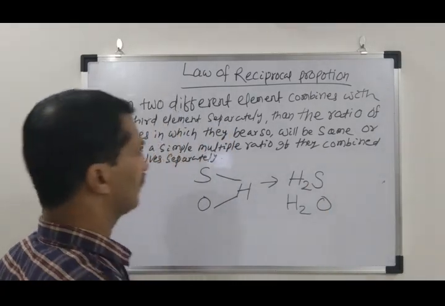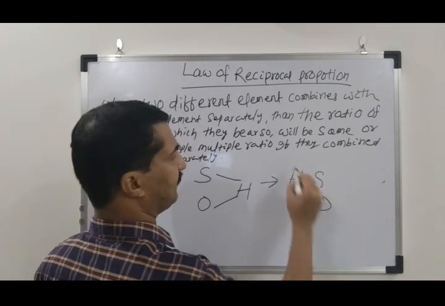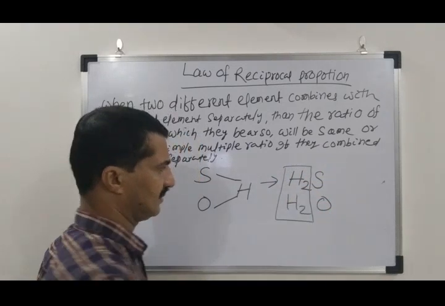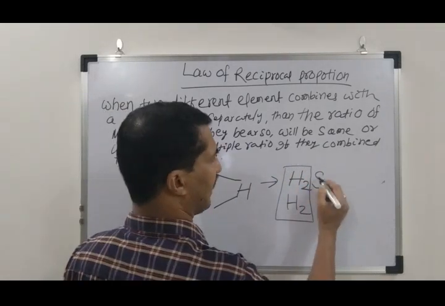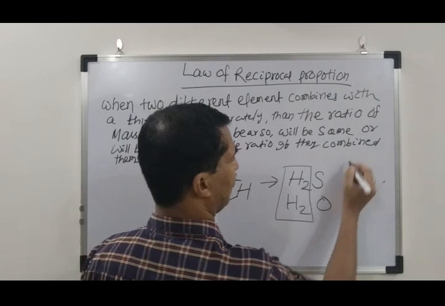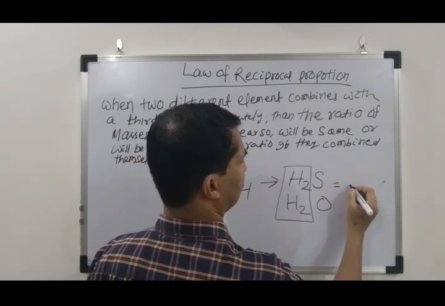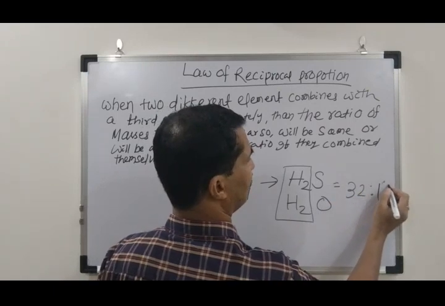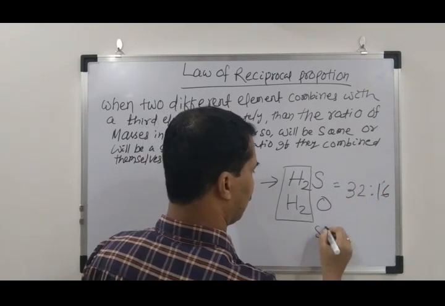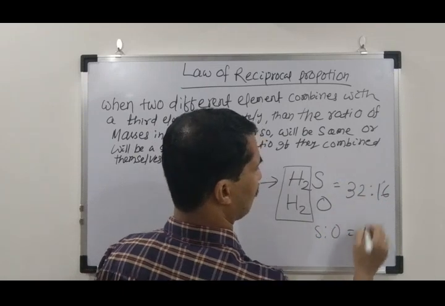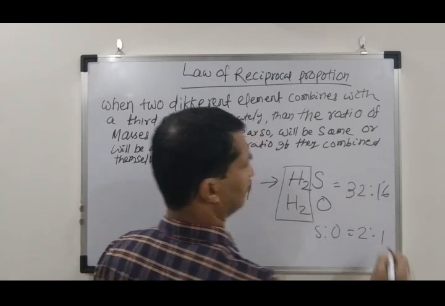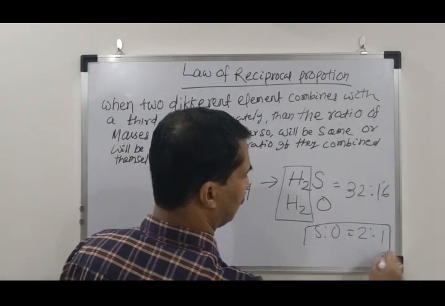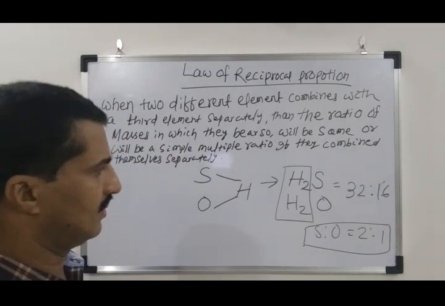Both compounds. Keeping the mass of hydrogen constant in both cases, if I take the ratio of sulfur and oxygen, the atomic mass of sulfur is 32 and the atomic mass of oxygen is 16. So the ratio of sulfur to oxygen is 32 is to 16, which is 2 is to 1. In this case, the sulfur and oxygen ratio is 2 is to 1.